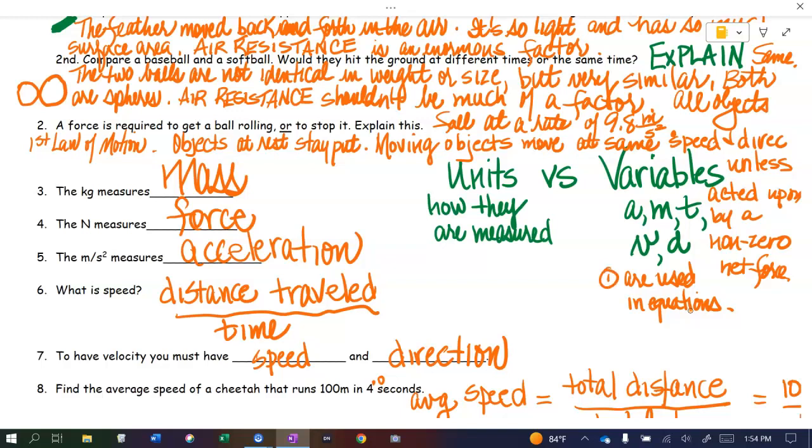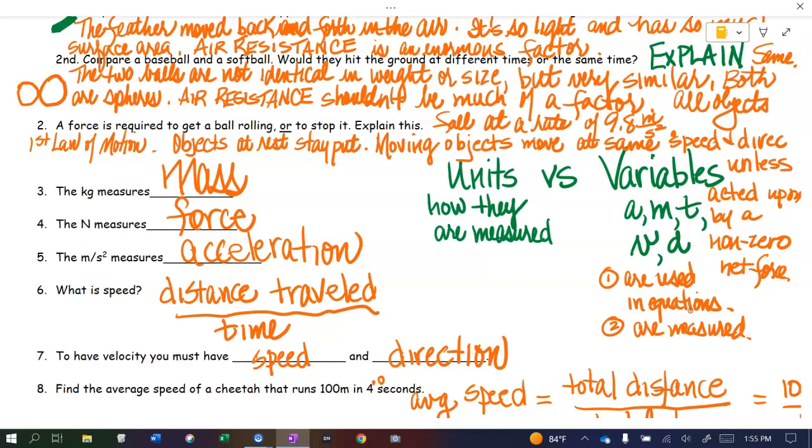All right, and are measured in science, all right? So the units are how they are measured.